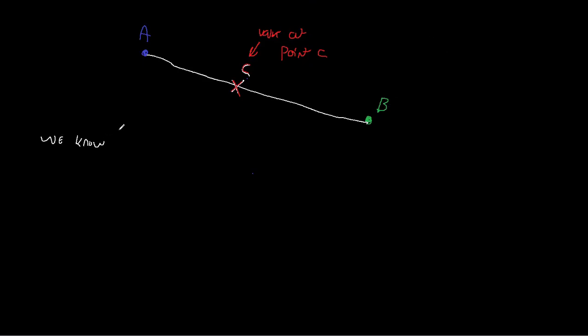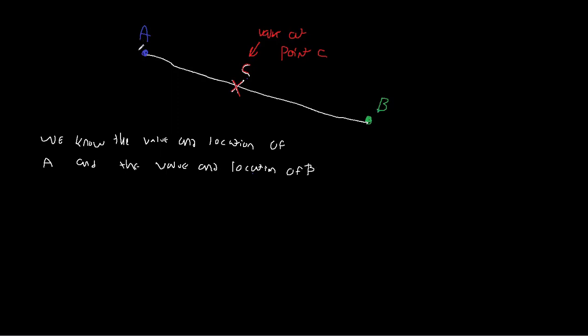We know the value and location of A and the value and location of B. Those are two things we know.